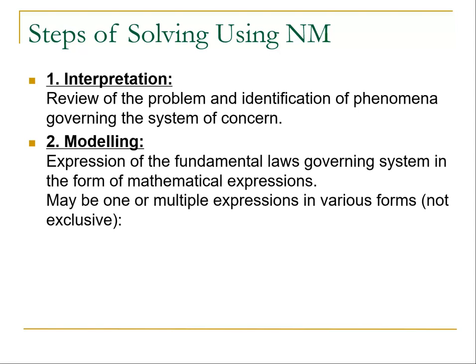It may not be a law, but it's just a repeated behavior that is accepted as the way it goes. But these are models that are accepted out there. And so these expressions, these laws, are normally expressed in the form of algebraic expressions or equations. The problem may apply only one expression, or it may be several expressions.